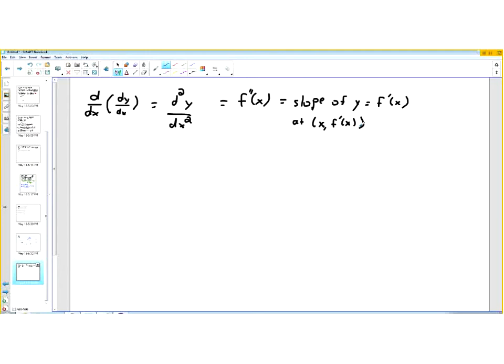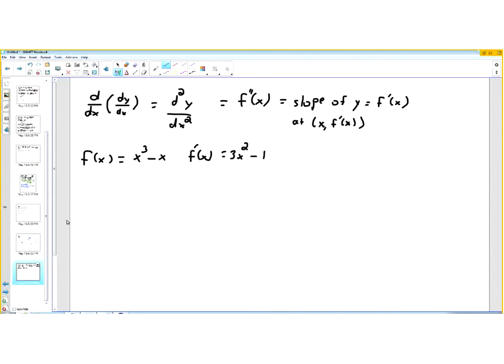So how about we calculate the second derivative of this function? If we say f of x is equal to x cubed minus x, from a previous exercise, I believe we showed that the derivative of this function was 3x squared minus 1.